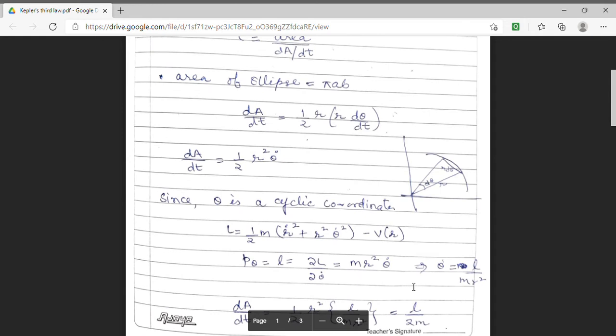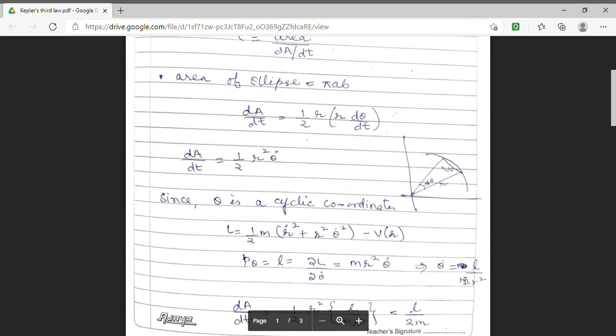The generalized momentum is defined as p theta equal to delta L upon delta theta dot, and since it is a constant, I am denoting it by small l. From here I get m r square theta dot, by differentiating the Lagrangian with respect to theta dot. So I get theta dot as l upon m r square.